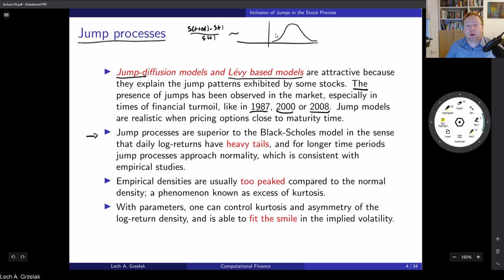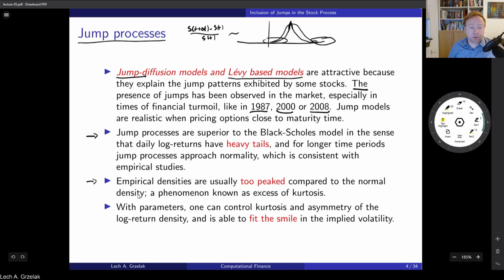However, if we look at the returns from the market, or from some stocks, those returns are often much more peaked, and they have much fatter tails. So there are fatter tails, and a much more peaked center than a normal distribution could fit. This is something to keep in mind, and it is confirmed by empirical studies.